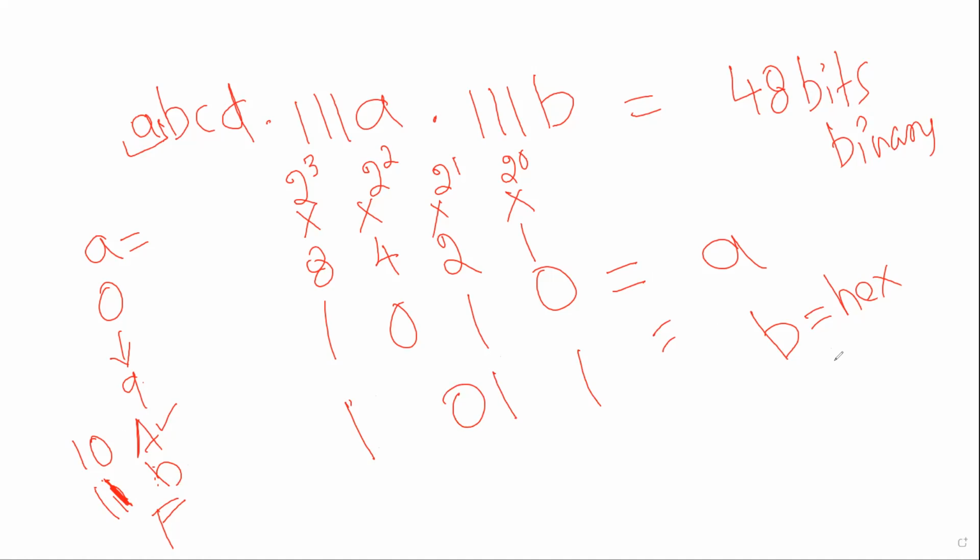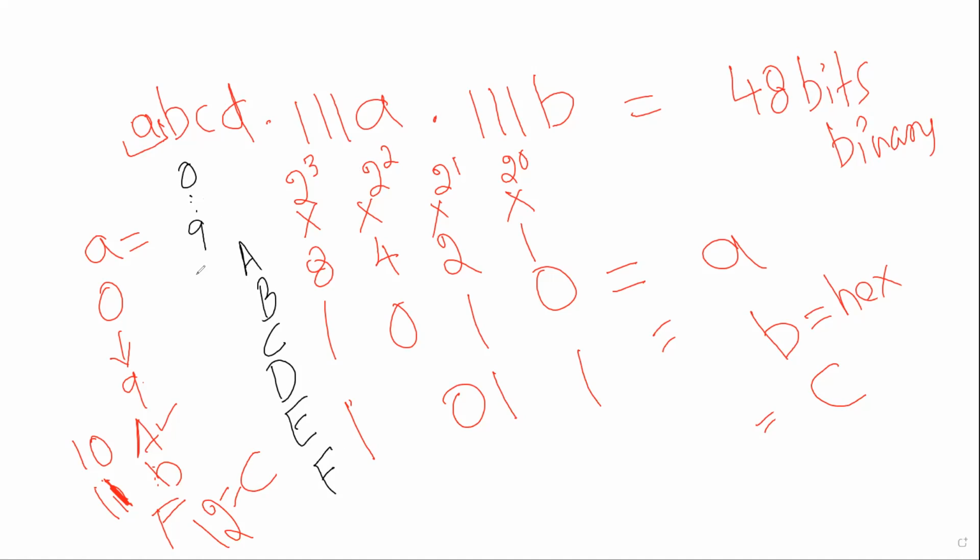This is B. Now let's talk about C. What could C be? B means 11, so C must be 12. How come C would be 12? Here you can see 0 to 9, then A, B, C, D, E, F, which means after 9, 10, 11, 12, D means 13, E means 14, F means 15.